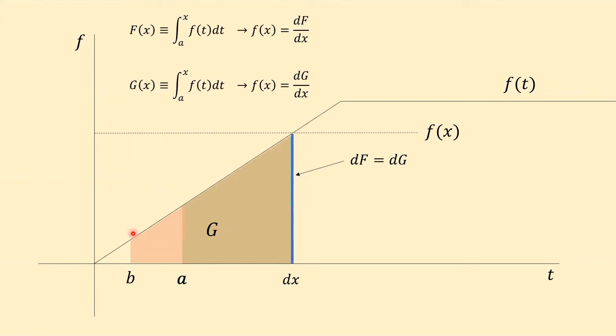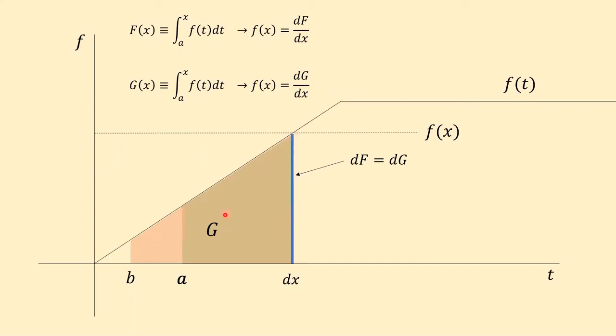Everything in the reasoning in the previous slides would still be applicable to this new function, which I'll call big G. So big G is the area not from a to a variable x, but from b to a variable x. If you were to take the derivative with respect to x of big G, you would still recover the function enclosing the area. That would not change.